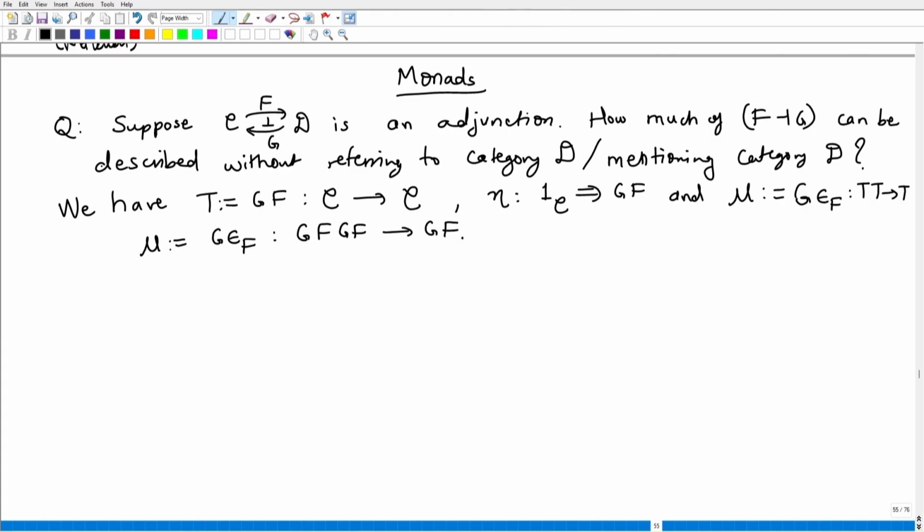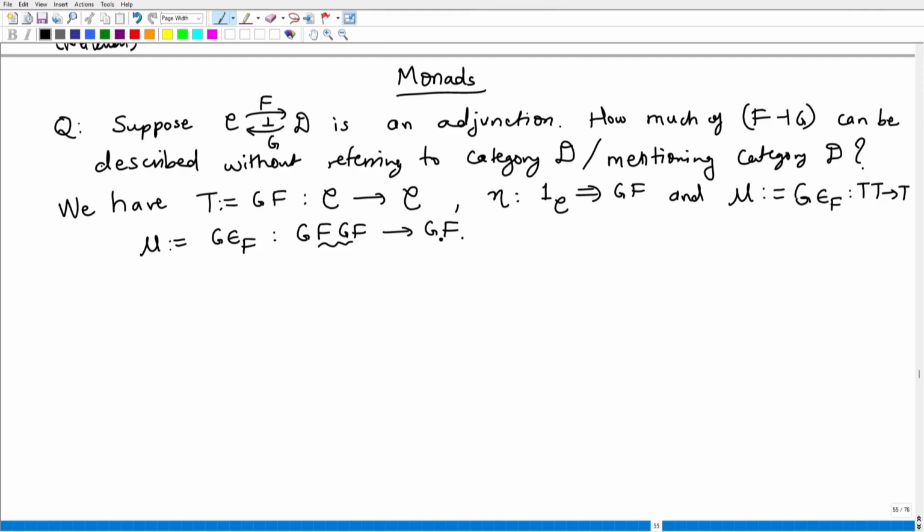So this middle FG is being sent to this middle identity functor on D. You understand? And then we are writing the vertical composition of functors and natural transformations. So mu is still a natural transformation, but it's going from TT to T. So we converted the situation into entirely something related to category C.